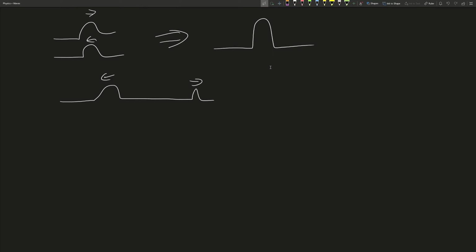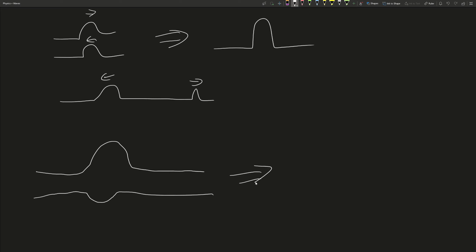Now it doesn't have to be this extreme all the time. Let's just say you have one wave that looks like this, and then you have another wave in the opposite direction, but half the amplitude. Actually, let me draw this more exaggerated so it's easier to see. Let's say you have this really big wave coming through, and then you have another wave that looks like that, which is half the amplitude.